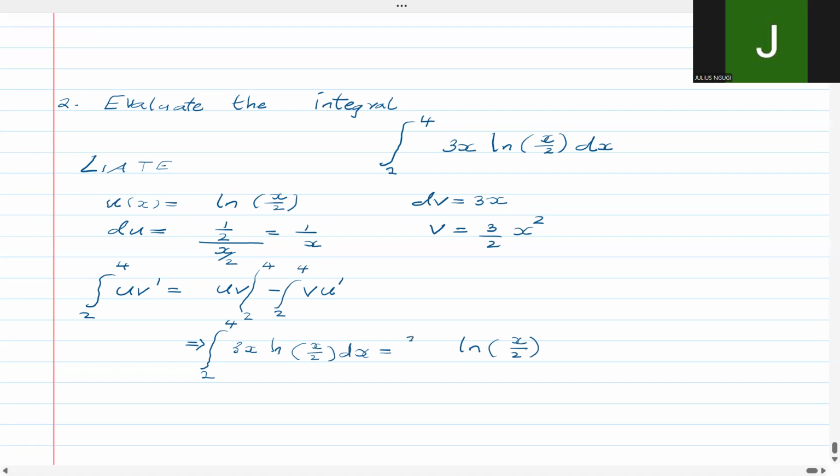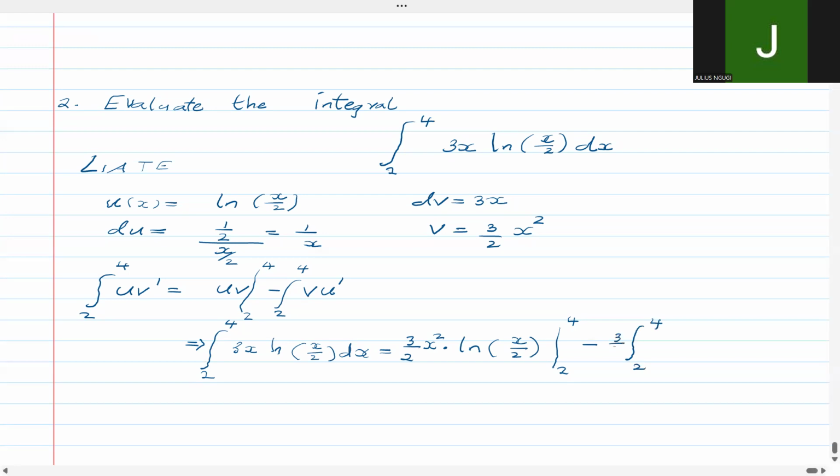Let me write it in front here: 3 over 2 x squared multiplied by ln. Then you are evaluating this from limits of integration 2 to 4, minus the integral of v u prime. So minus the integral from 2 to 4 of v, which is 3 over 2 x squared.